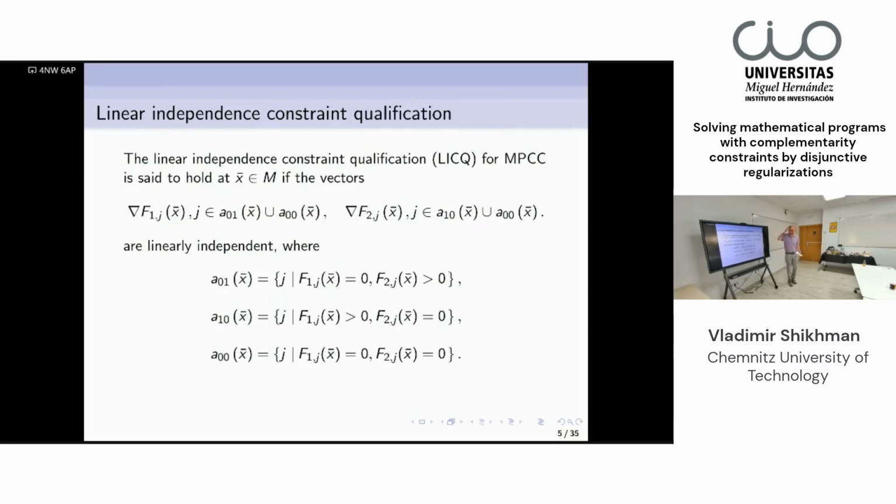So we need the linear independence constraint qualification, which says that the active gradients are linearly independent, and important are the three sets A01, A10, and A00. That's what Jan described for us already. This is the A00, right? Where you have both 0, 0. This is A10, and this is A01.